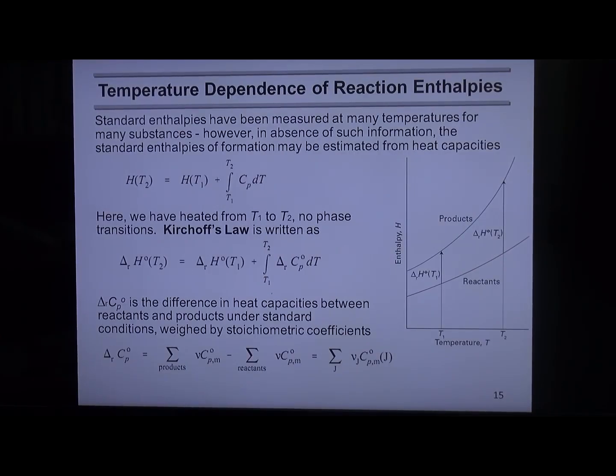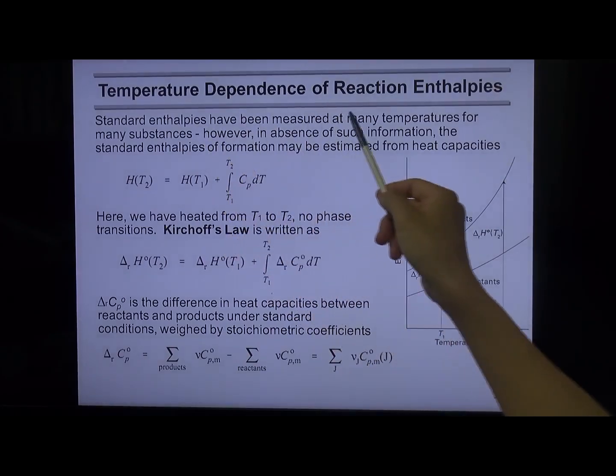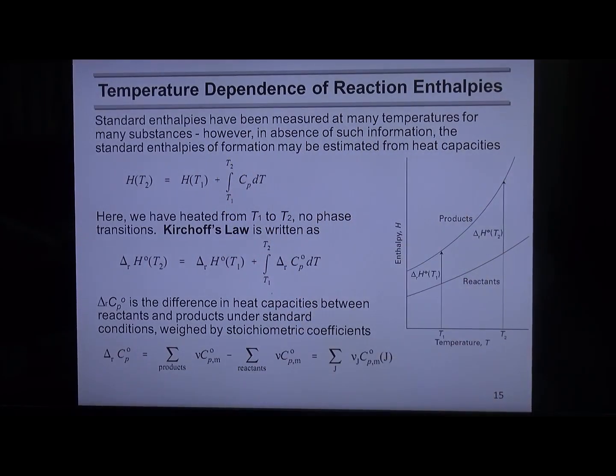Finally, now we have learned how to calculate the standard reaction enthalpy, right? For any type of chemical reaction, we can measure standard enthalpies at various temperatures. At different temperatures, enthalpy would change, right?